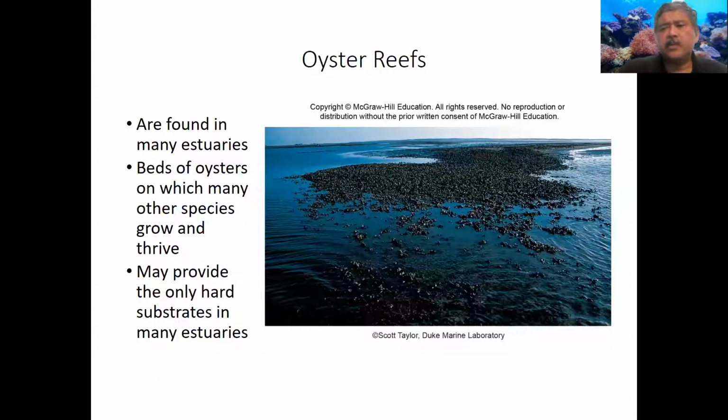Remember, an estuary is a region where salt water and fresh water mix, and you have different conditions that need to be dealt with, whether it's the changing salinity or the temperature or the drying out or the desiccation, all kinds of different environmental factors that animals and plants have to deal with in order to live successfully in the estuary.